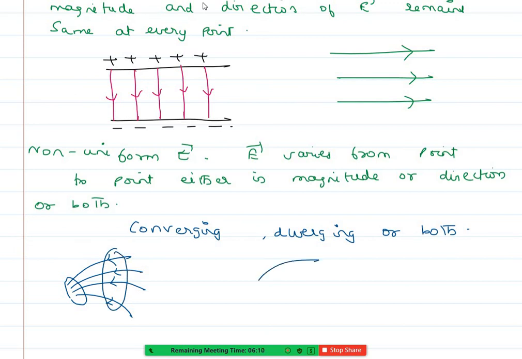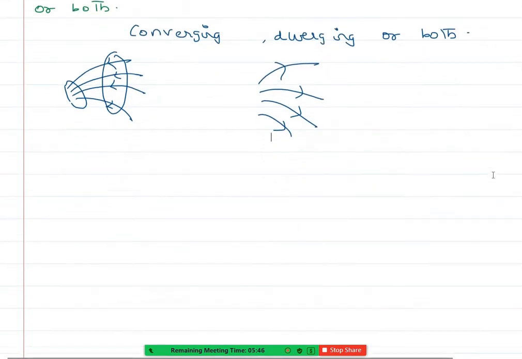The same diagram, you can draw it by changing the arrow mark. Here they are moving apart from each other. Is it clear or no? Everyone? Yes, ma'am. Okay. So this question you will definitely get in your class and school exams.